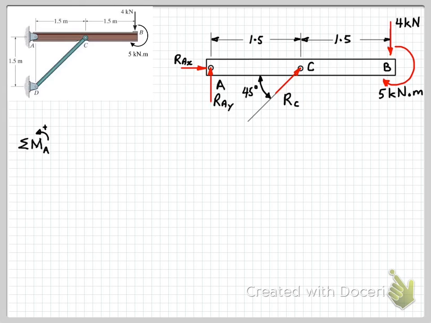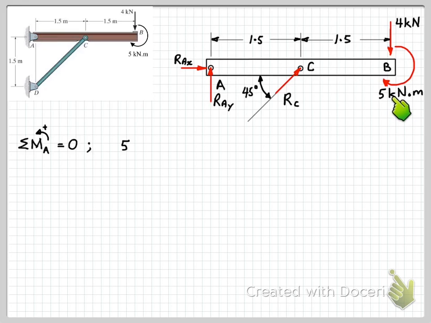So we need to define which sense of the moment is positive. So usually anti-clockwise we take as positive, so we've just indicated that on our formula here. And for equilibrium, sum of all of the moments about point A is equal to 0. So once we've done that, we can start looking at the forces and applied moments.